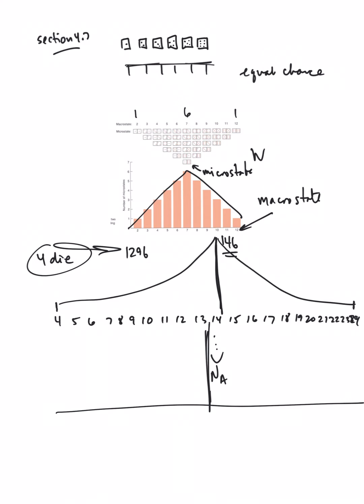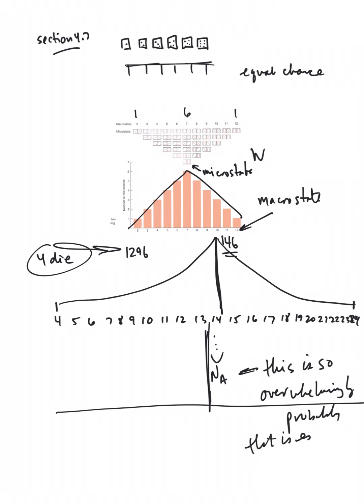And for Avogadro's number, essentially we're saying that the most common value is so overwhelmingly probable that it is essentially the only answer, which is just a kind of mind-blowing statistical outcome of this exercise.